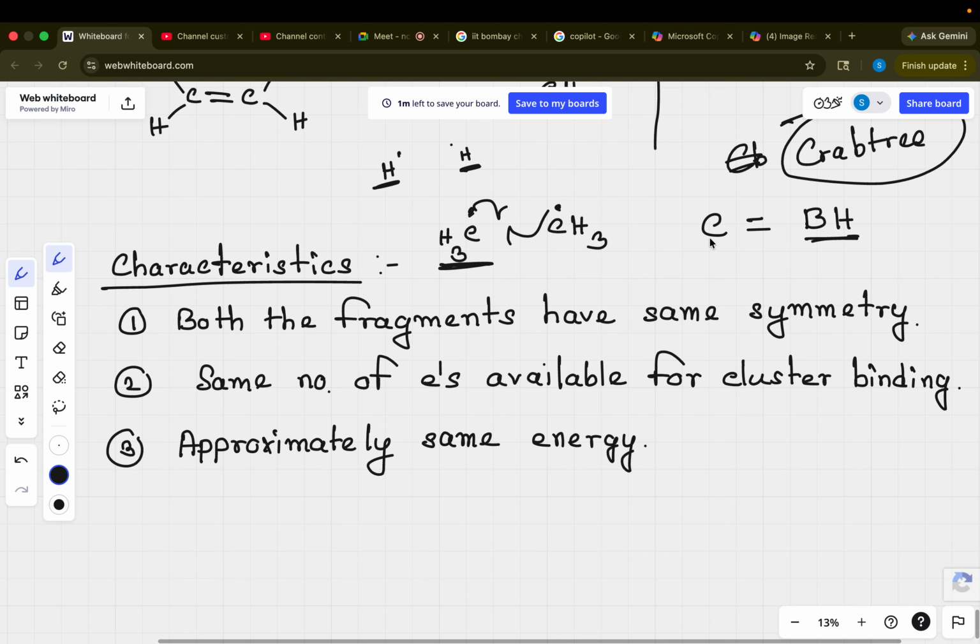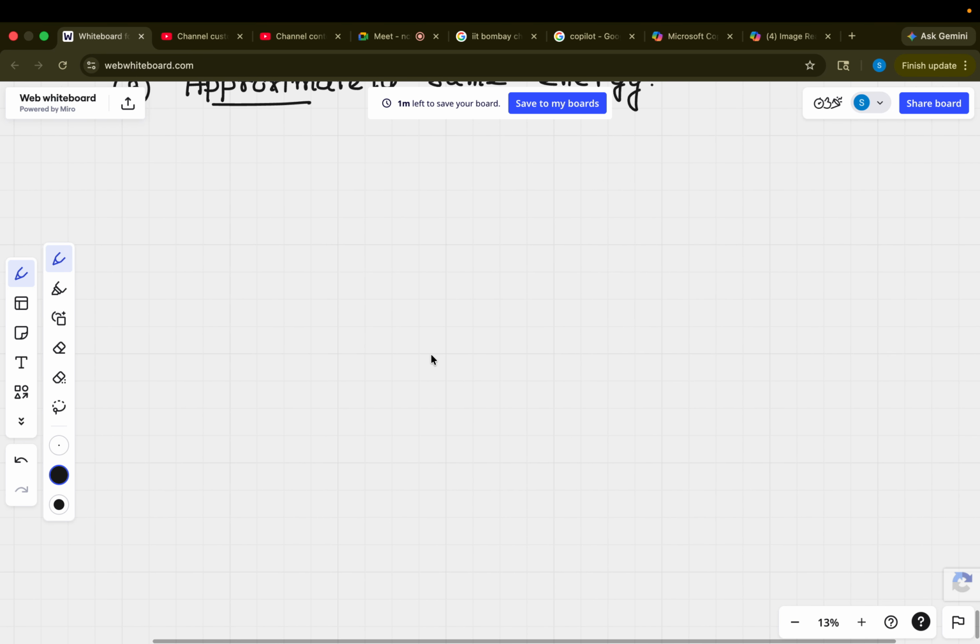So the carbon energy and boron energy should be approximate. Approximately means not exactly equal; it should be close enough. Boron is 5 and carbon is 6, next to each other, so the energy will be close enough. Clear? Yes. Okay.